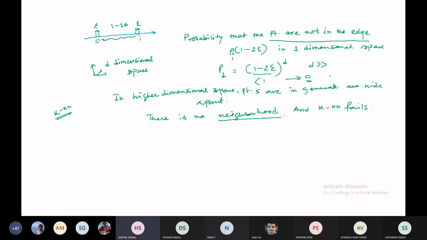Sir, could we project the higher dimensional space to a lower dimensional space? No, that is different. Can we change our definition of the neighborhood rather than Euclidean distance? Perhaps that can help. No, even that distance, you should be very careful, is not a Euclidean distance.